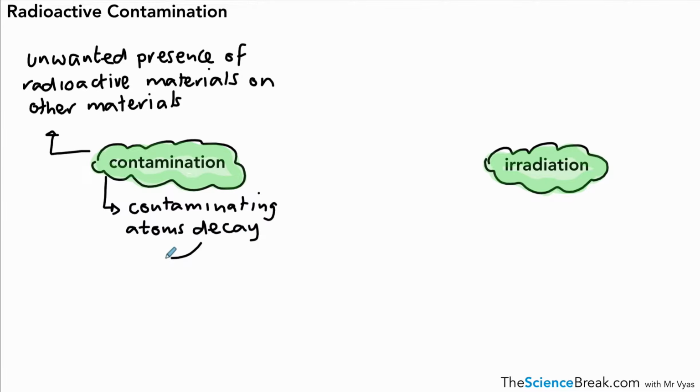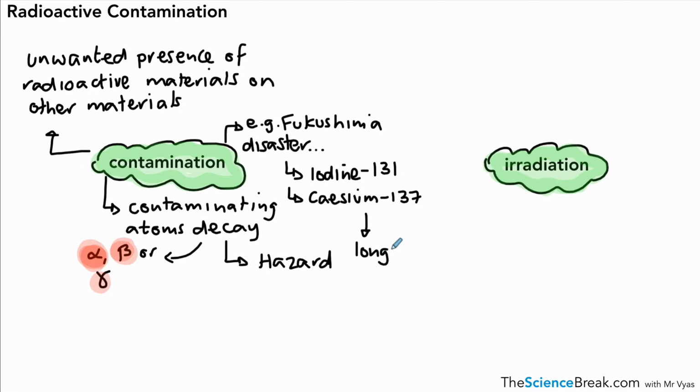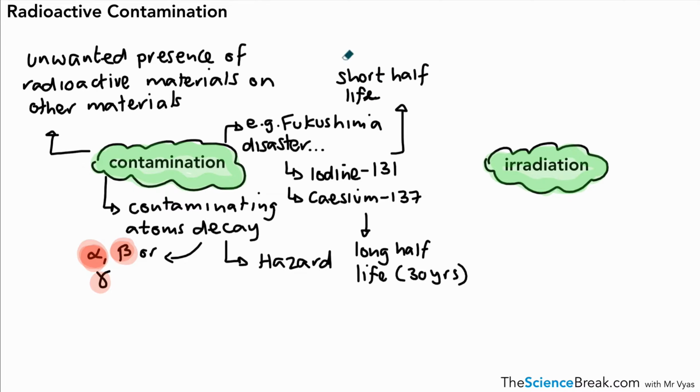Now, both of these were quite dangerous in terms of the fact that they contaminated surrounding areas. Cesium has quite a long half-life of about 30 years, and iodine a much shorter half-life, but nevertheless both still quite dangerous due to this idea of contamination and leaving materials in the environment contaminated and radioactive. Okay, so half-life of about 8 days for iodine.